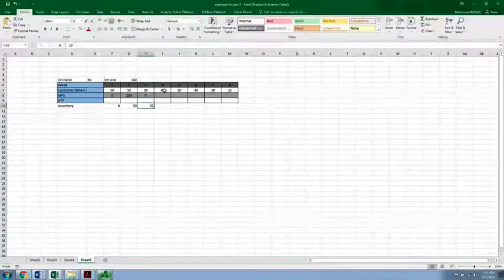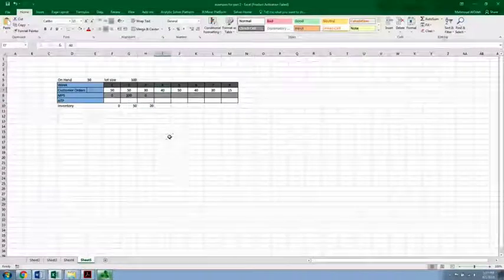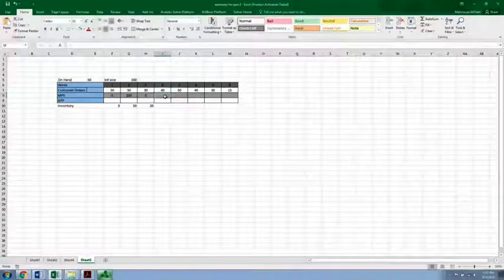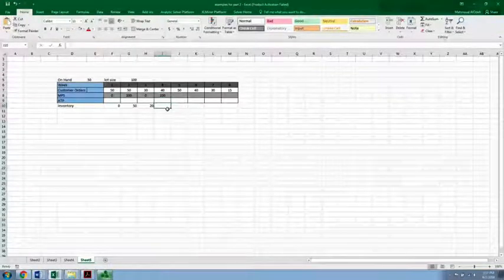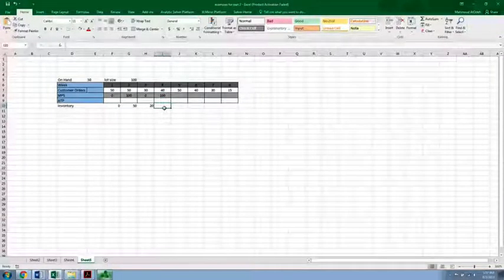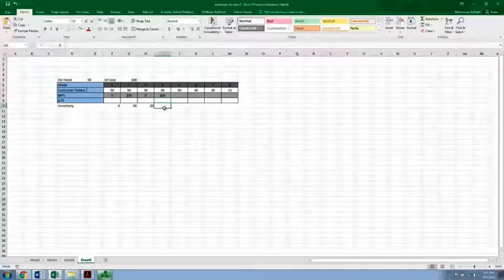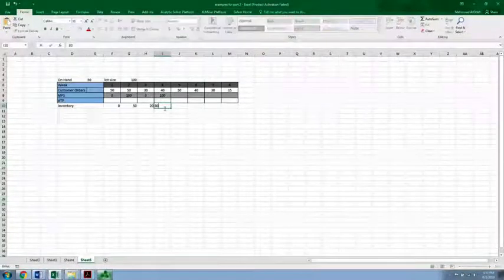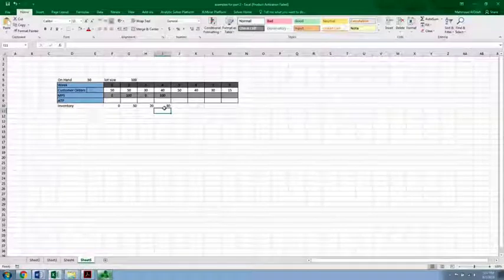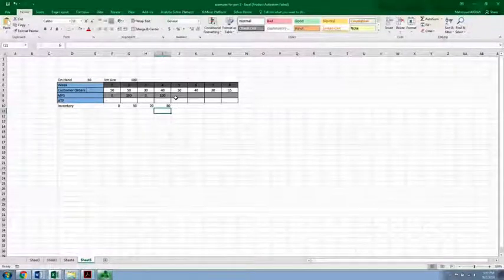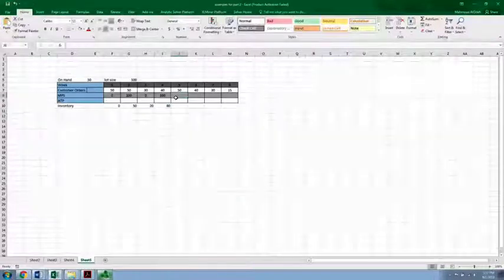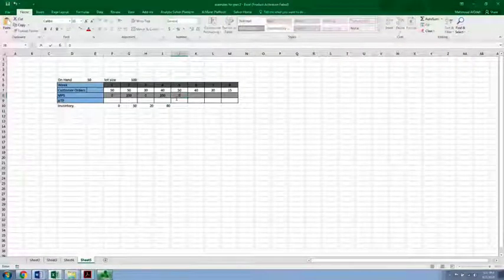20 is not enough to satisfy the demand for week 4, and therefore you have to issue an MPS for week 4. That would leave you with, we have 120 available minus 40, that would be 80 inventory by the end of week 4. 80 would be enough for week 5, so there's no need to issue an MPS.